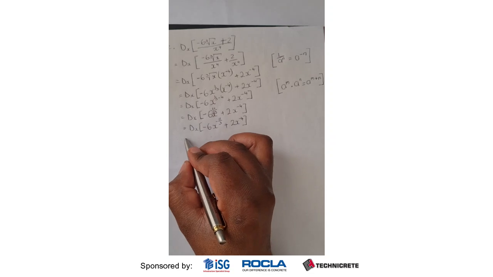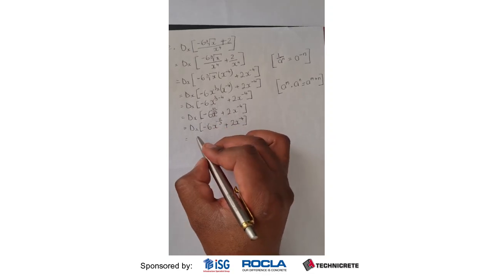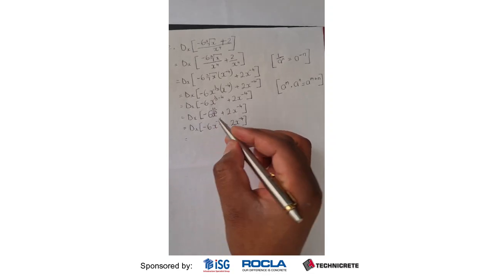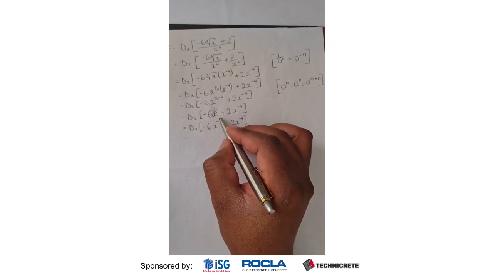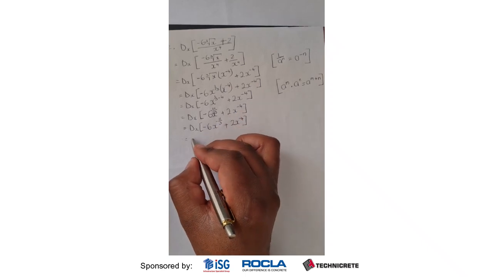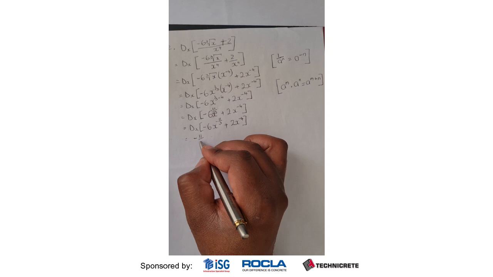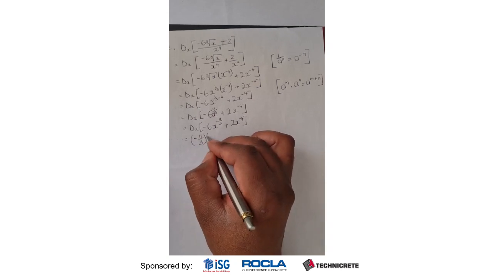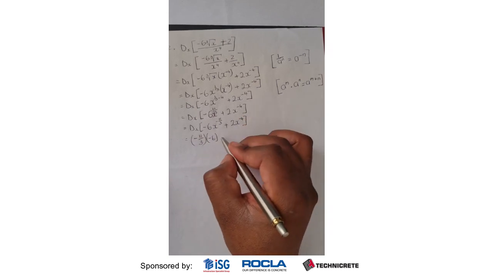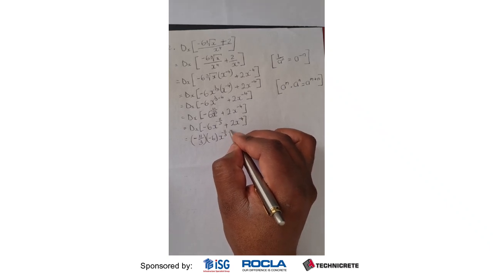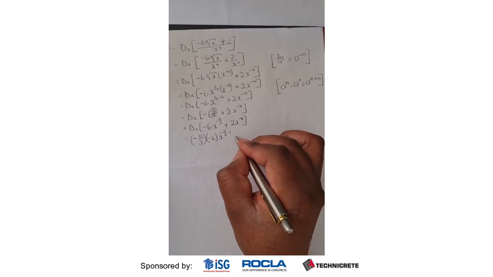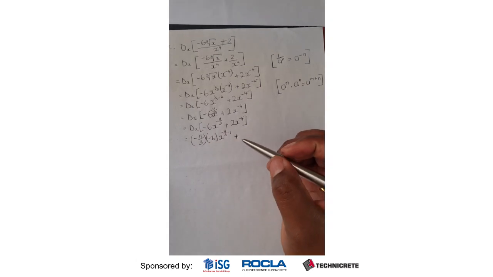Now, how do we then derive this? Same rules as we've just used now in 8.2.1. What we're going to do is to take this power, which is negative 11 over 3, multiply it by negative 6, and then we say negative 11 over 3 minus 1. So what would we do here?